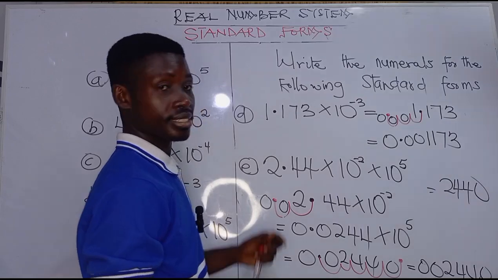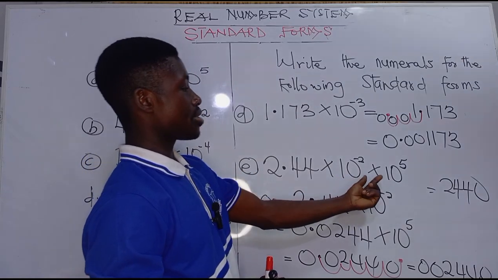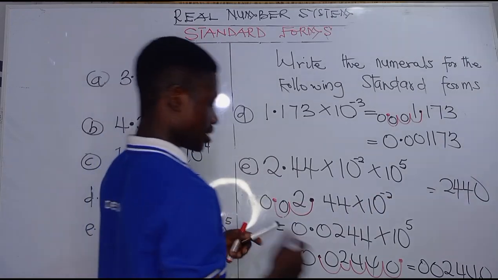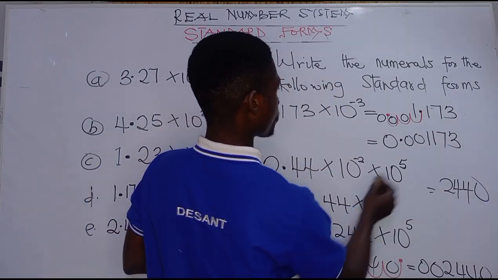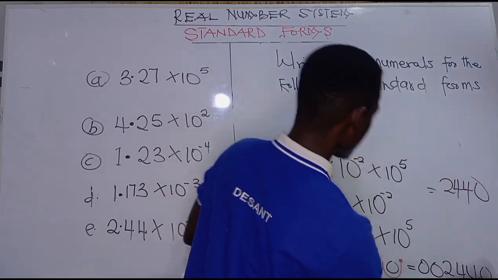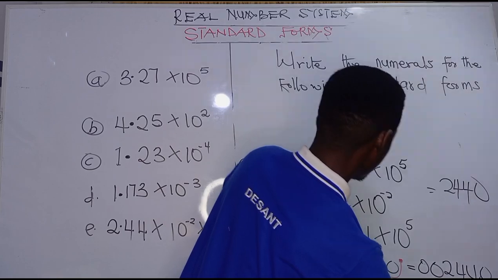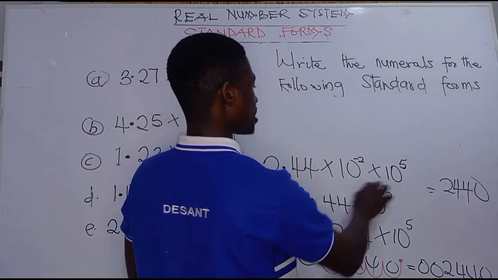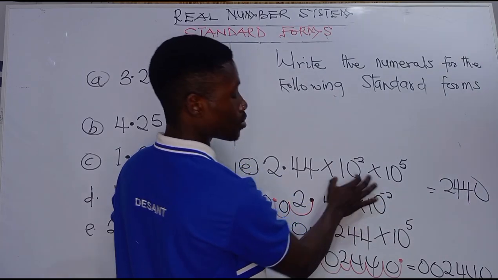And that is that. Now with this very same question, you can apply your indices. So we know that in applying indices, when two or more numbers are multiplied and they have the same base, what do we do?